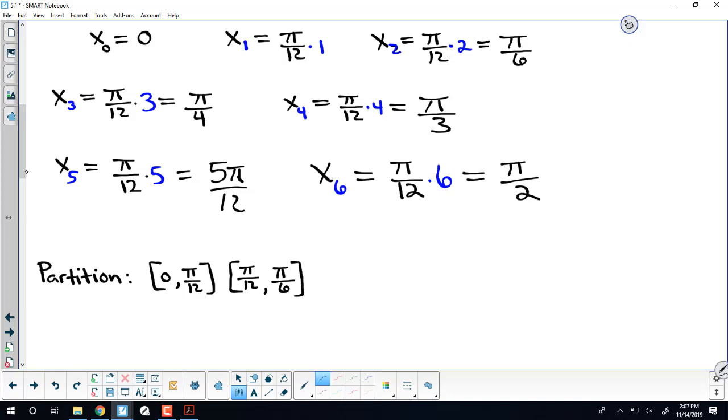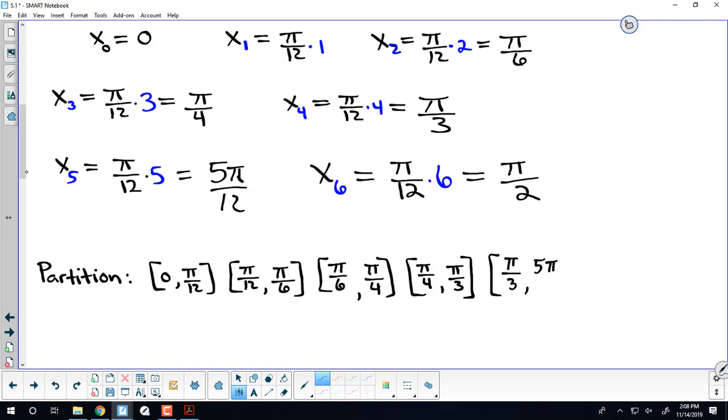Then pi over 6 to pi over 4. Pi over 4 to pi over 3. Pi over 3 to 5 pi over 12. And then 5 pi over 12 to pi over 2.